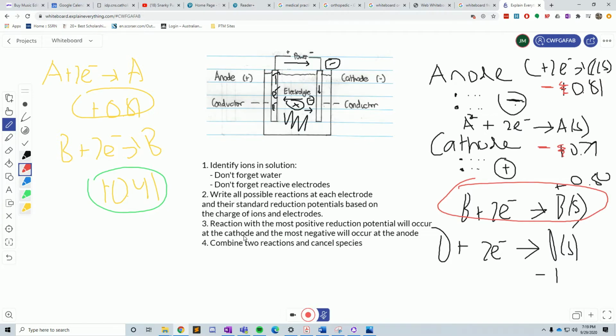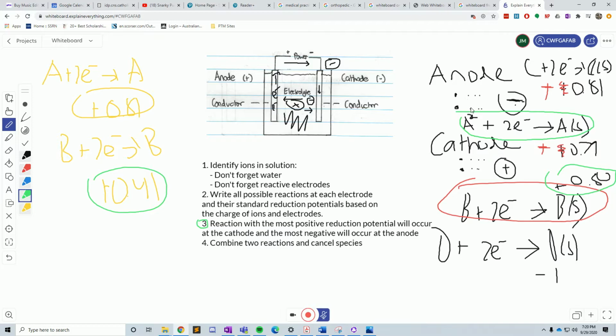The reaction with the most positive reduction potential will occur at the cathode, as we see here, and the most negative will occur at the anode, because you see the 0.8, when it flipped, became more negative than the 0.71 over here. So originally these two were positive, and when we apply number 3, we can see that A would occur as was shown.